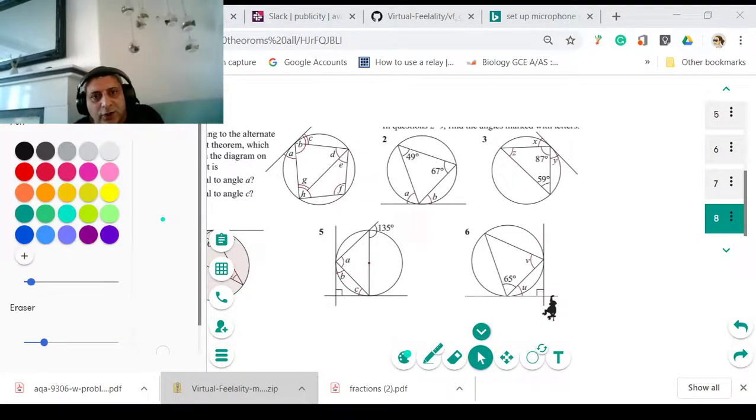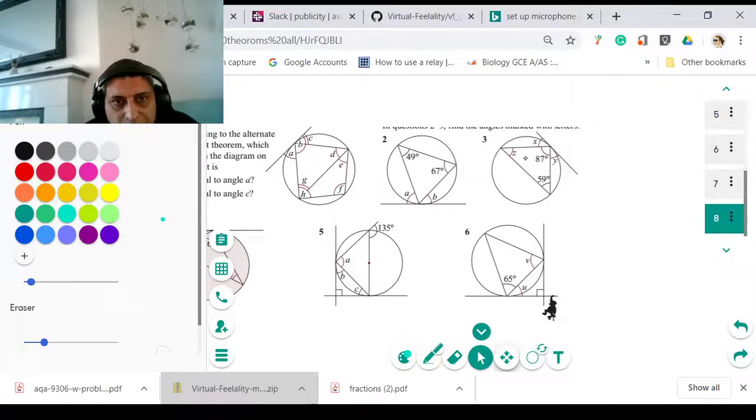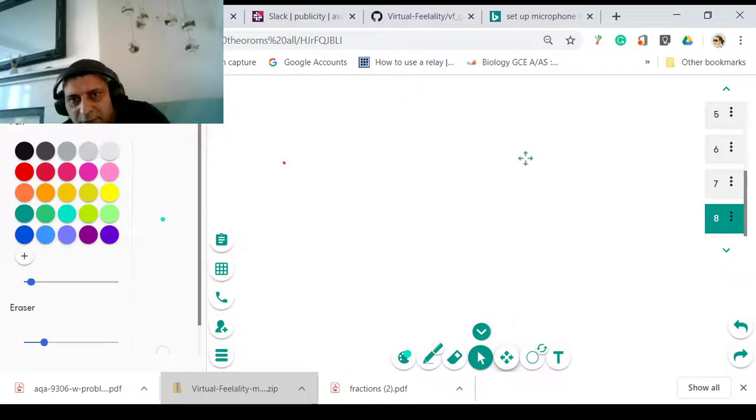Okay, so the next circle theorem is, for me, relatively new in terms of GCSE. So let's just talk about it. There we go.